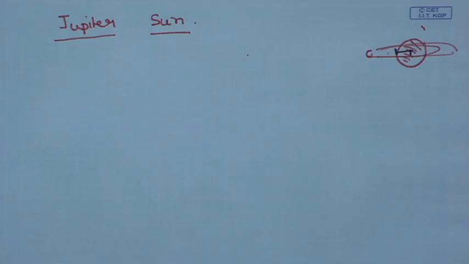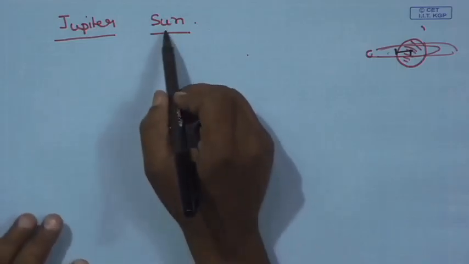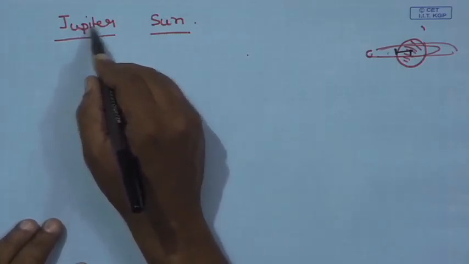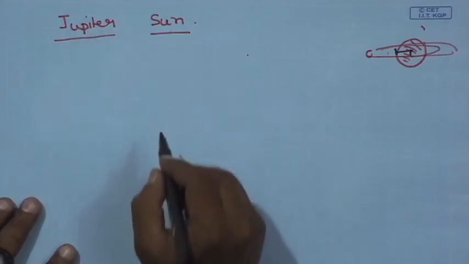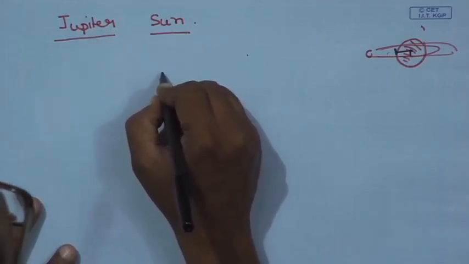So, how are we going to estimate this? The distance from the sun to the center of mass of the Jupiter Sun system is going to be related to the Sun Jupiter distance.